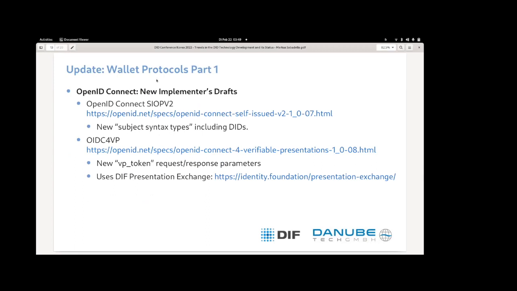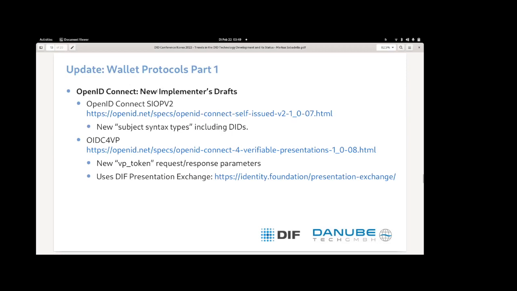So I have 2 slides about wallet protocols. So that's one of the big topics, I think. And I should really speed up a little bit. That's one of the big topics, how verifiable credentials are actually being exchanged between issuers, verifiers, and holders. One popular protocol for doing that is OpenID Connect.